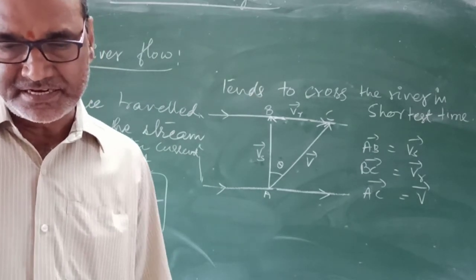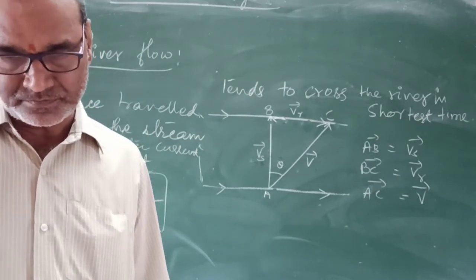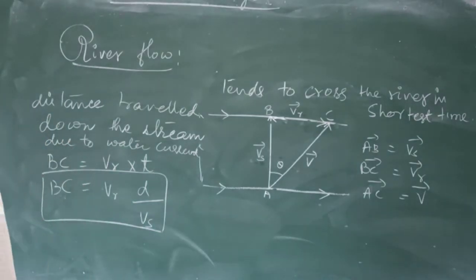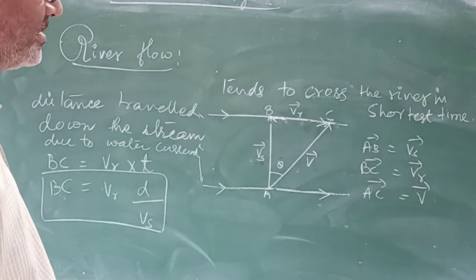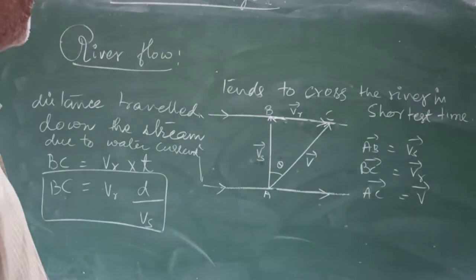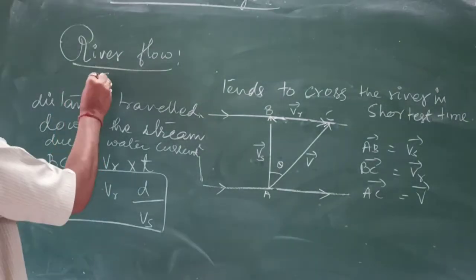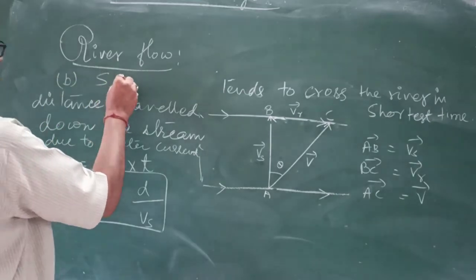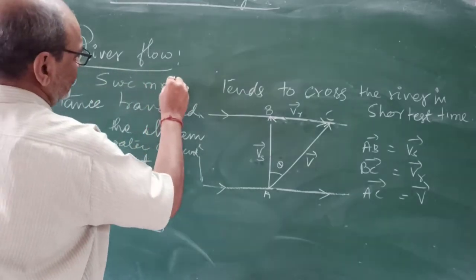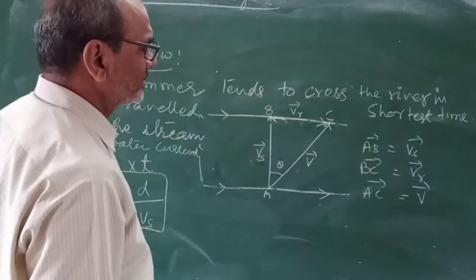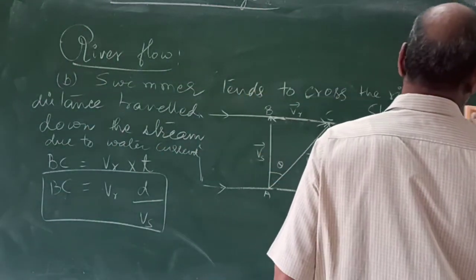Now, second case, in the shortest path. The swimmer tends to cross the river to point B in the shortest path.